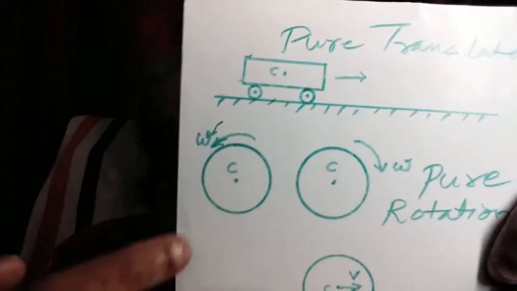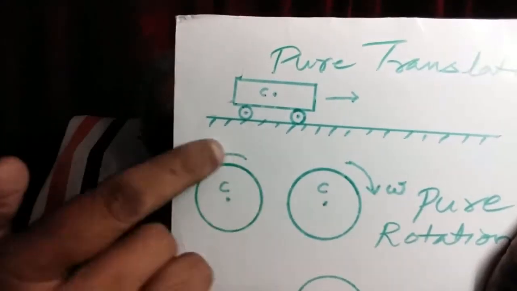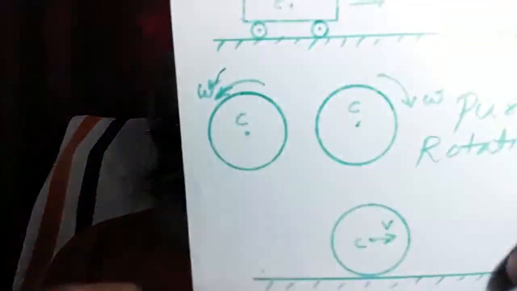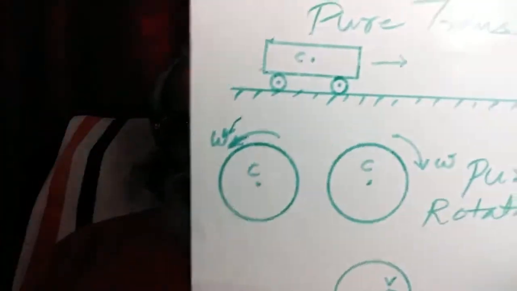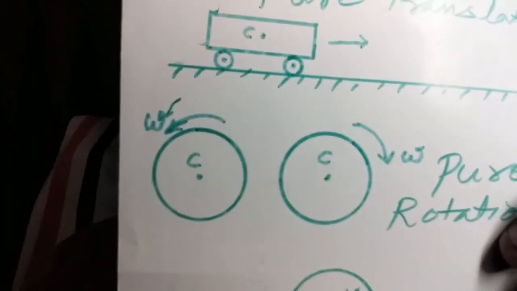Then, this is a circular disc. It is mounted on a fixed axle and is set rotating. So here the center of mass does not change its position. It simply remains where it is. This is a simple example of pure rotation.